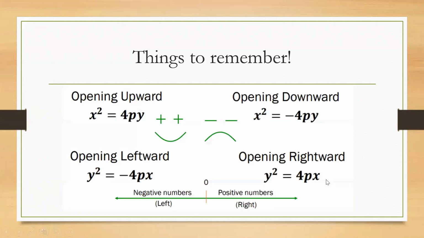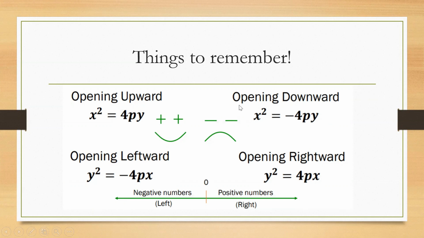Also, we have to remember that if x is being squared, then the parabola can either open upward or open downward. It will open upward when our 4p is positive, and it will go downward when our 4p is negative.